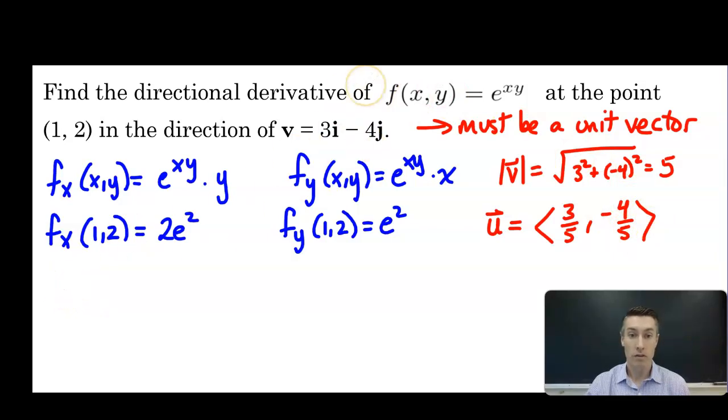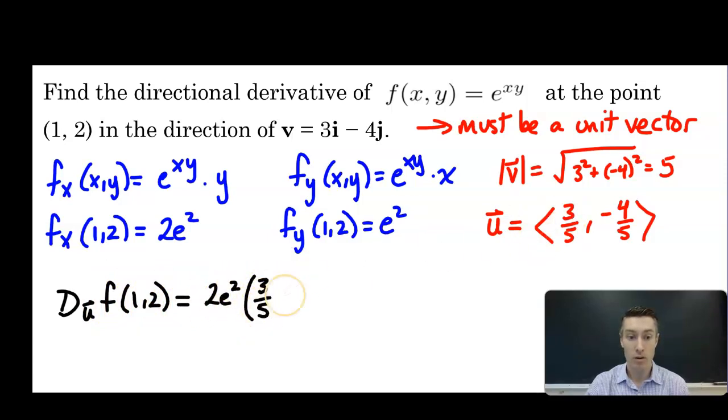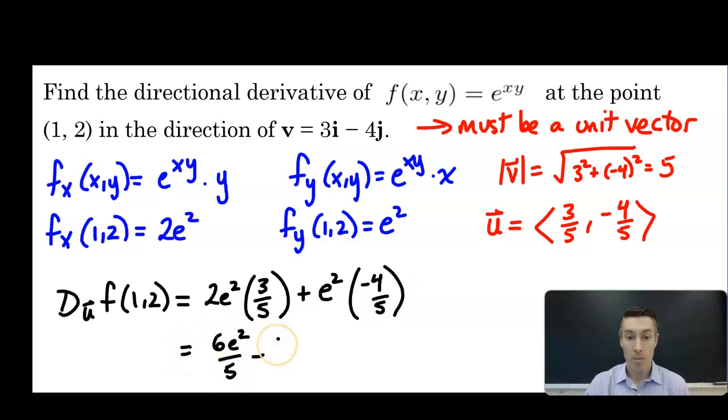So our directional derivative in the direction of u of the function at the point (1, 2) is going to be equal to 2e squared times the x component of that unit direction vector plus e squared times negative 4/5. So that's 6e squared over 5 minus 4e squared over 5.